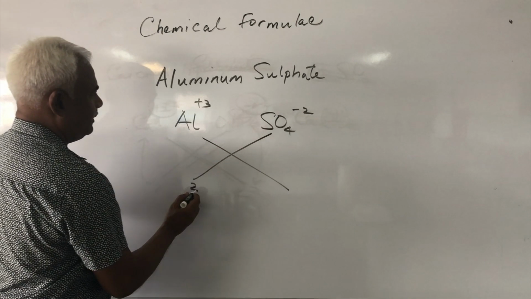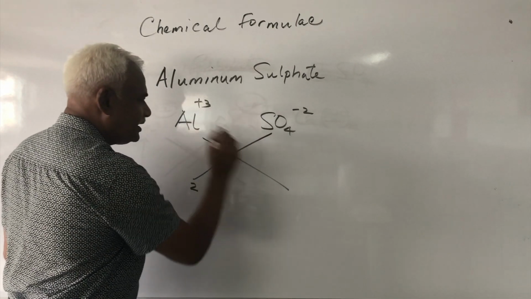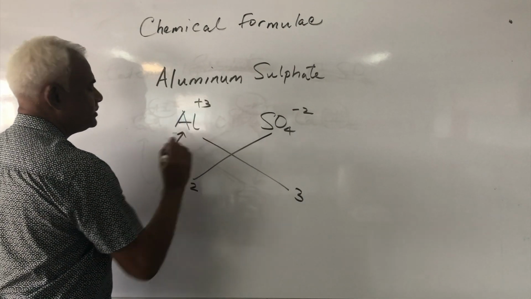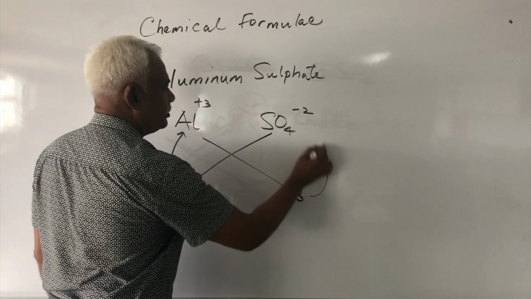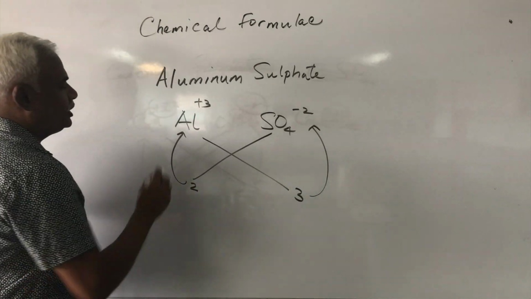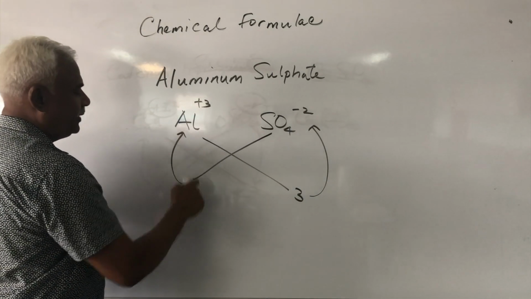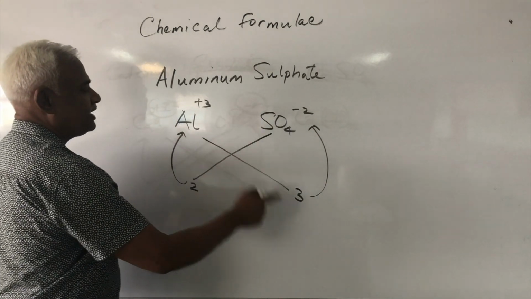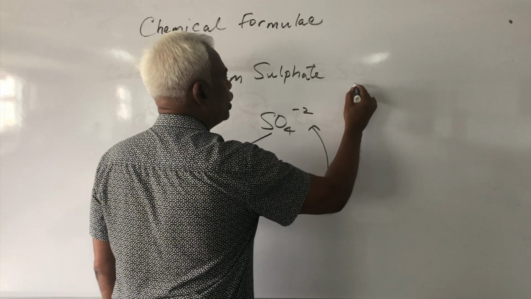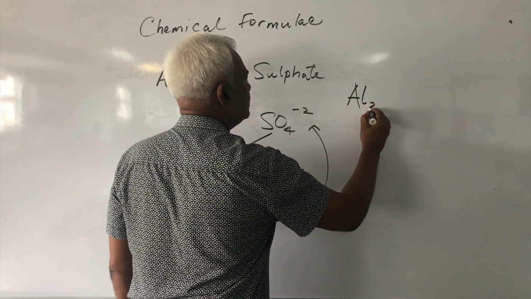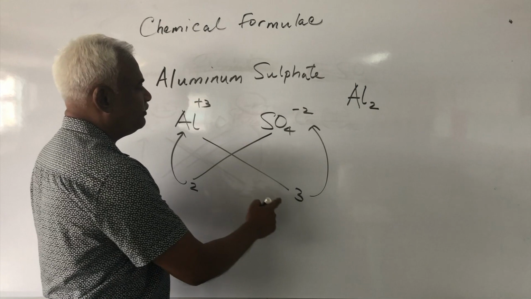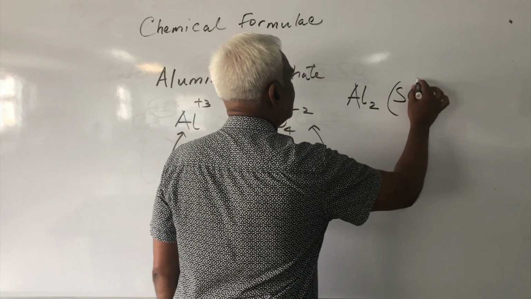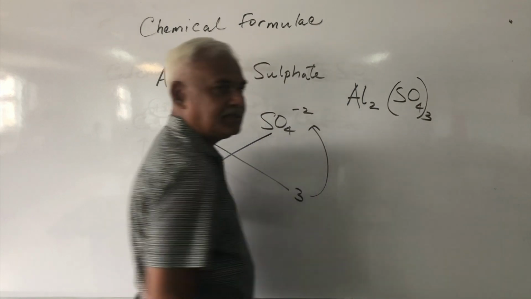Number 2 comes here. What number comes here? 3. We link the numbers. So therefore, we'll have 2 aluminums and 3 sulfates. Now, how would this look? Aluminum, and 3 sulfates. Now remember, to show 3, we must include the bracket.